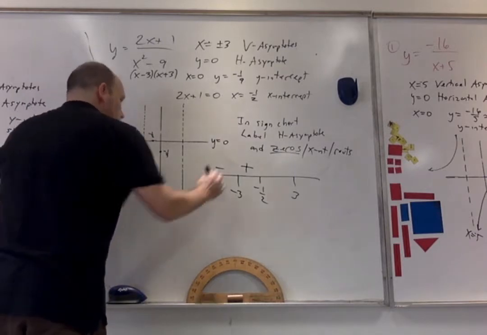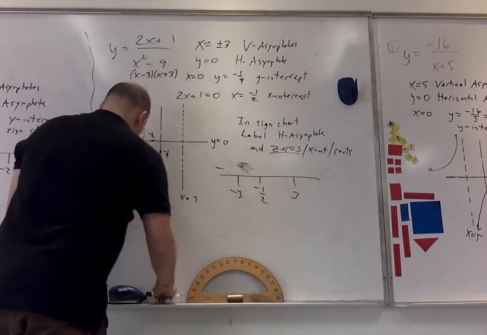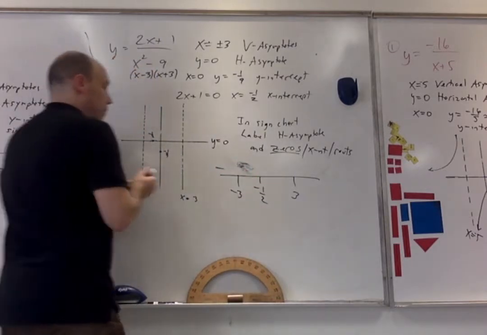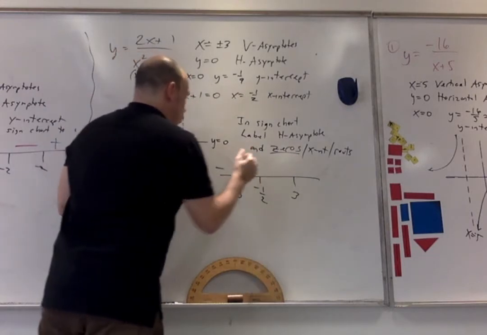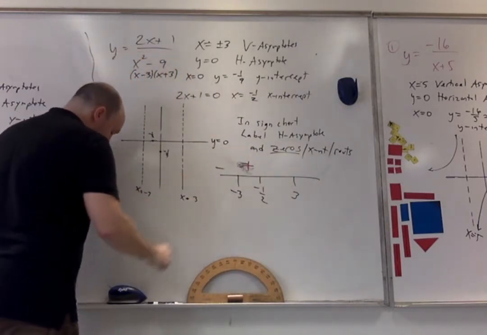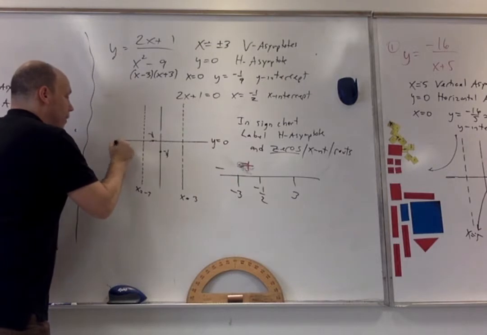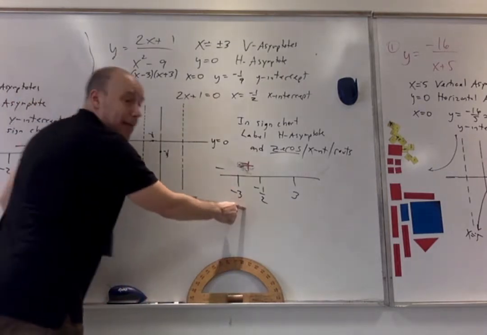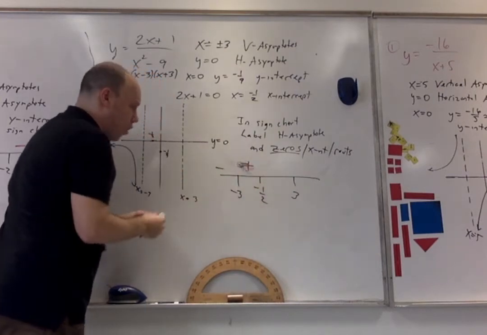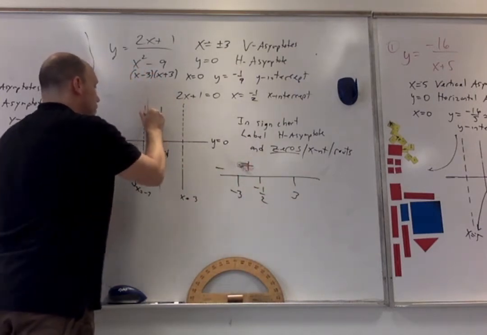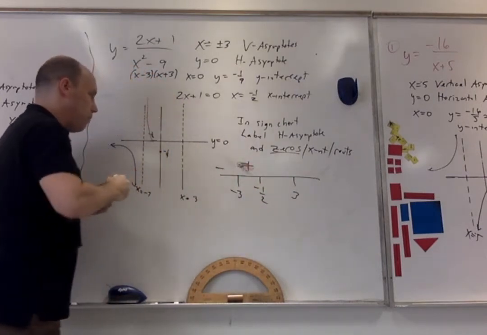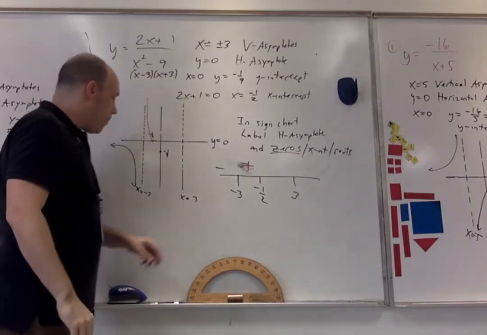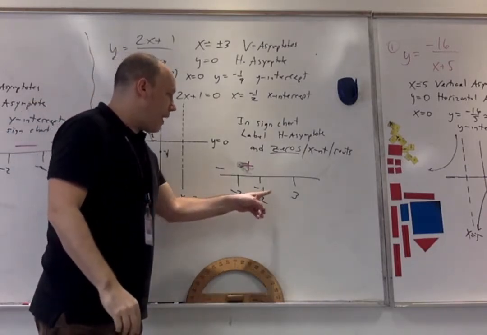So, you know what, let me use the colors. This is going to be red. So we saw that when we plugged in -5, it was negative. When we plug in a value between -3 and -1/2, the curve is positive, and it looks something like this. What's going on between -1/2 and 3?